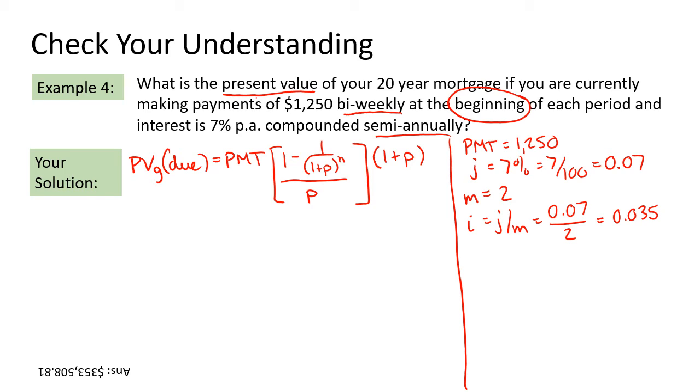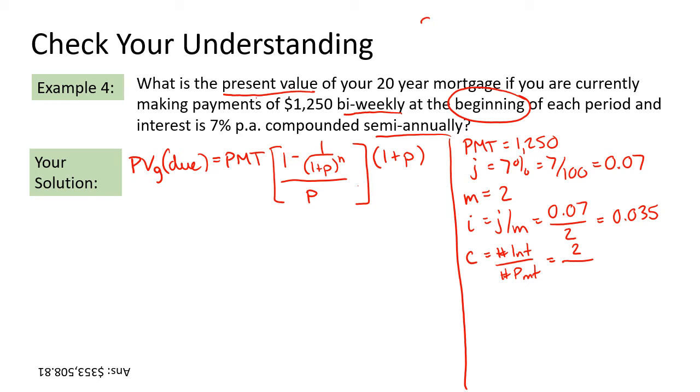Next, our ratio, C, is our number of interest periods divided by our number of payment periods. Interest is semi-annually, so that's 2. And payments, remember, bi-weekly, I've seen a lot of students make this mistake.